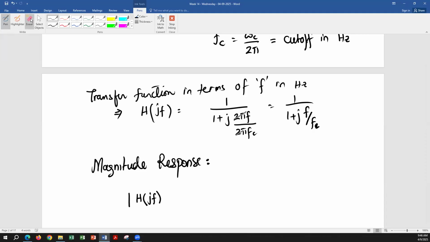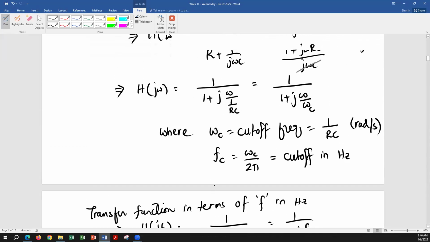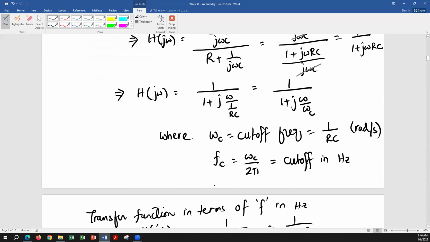Or we can start with j omega because we derived that first. So H of j omega. All right, from the equation H of j omega, how am I going to write down the magnitude of that complex quantity which is given in rectangular form?